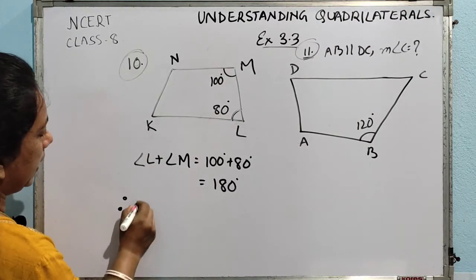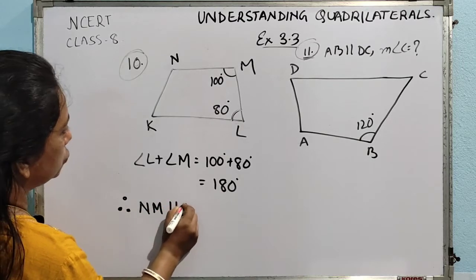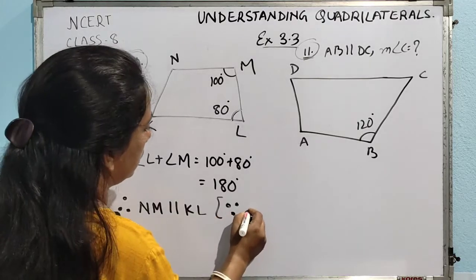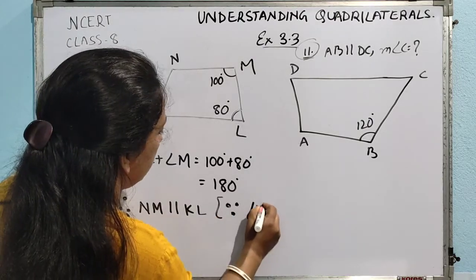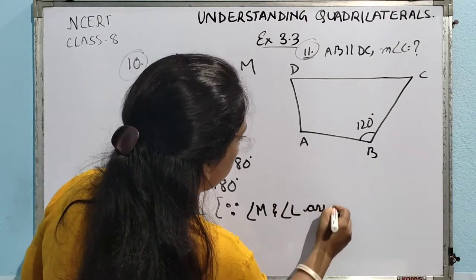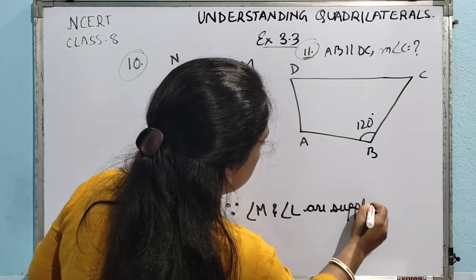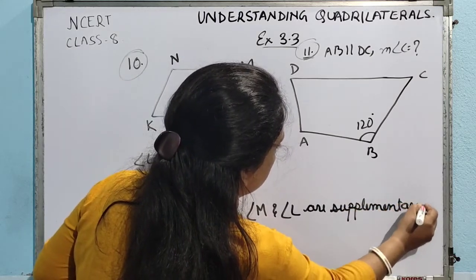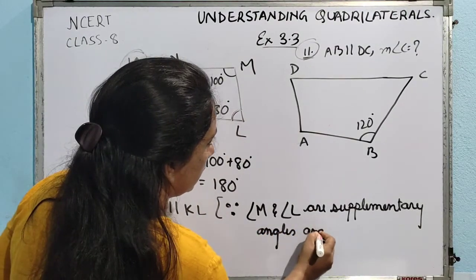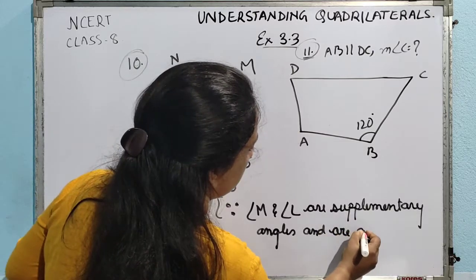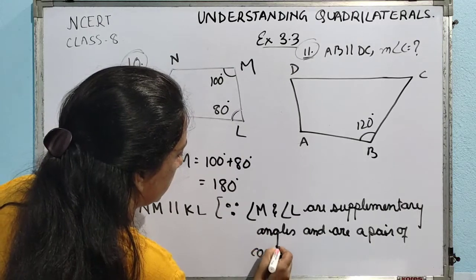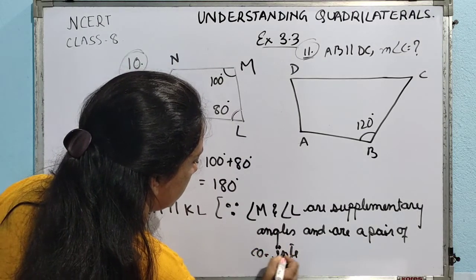Therefore, NM is parallel to KL, since angle M and angle L are supplementary angles and are a pair of co-interior angles.